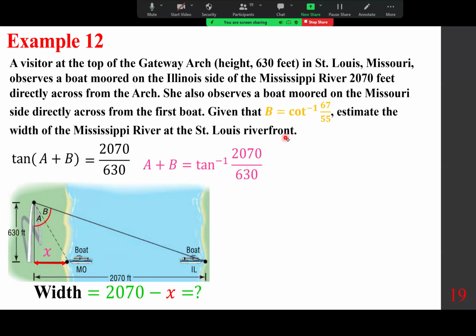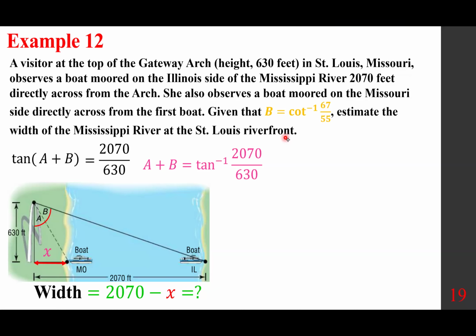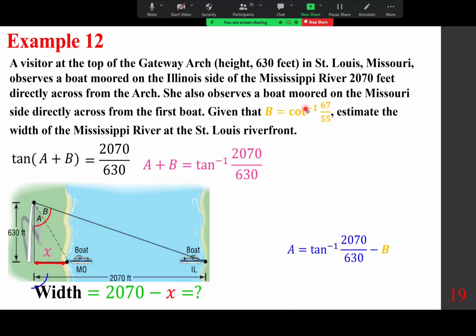You can drop the 0, put it into a calculator, and that gives you the answer. We want a. What is a? This minus that. We want a, and a is this minus b, and b is this one. So I hope everybody's clear as to what's going on here.